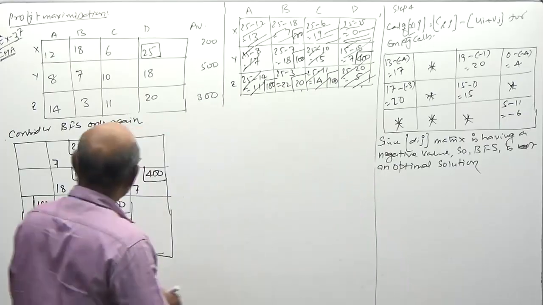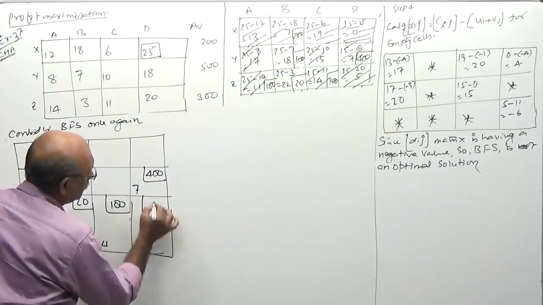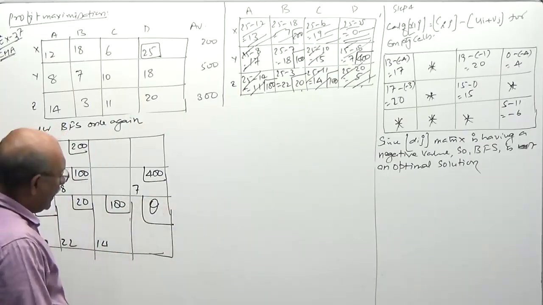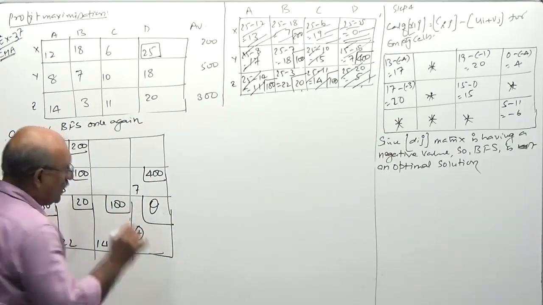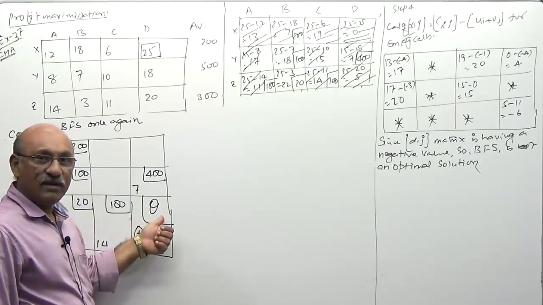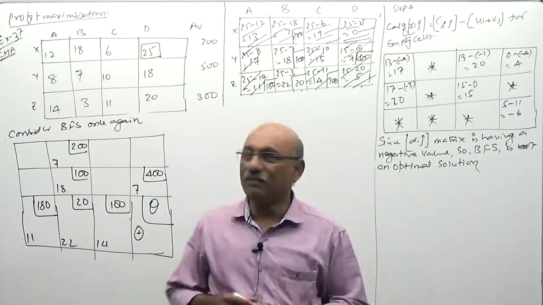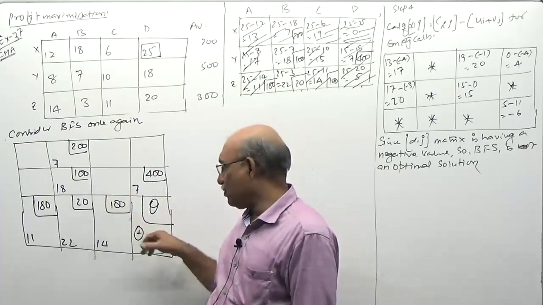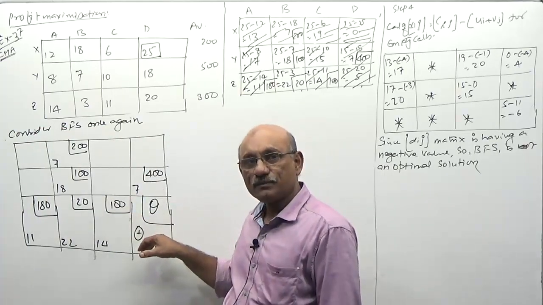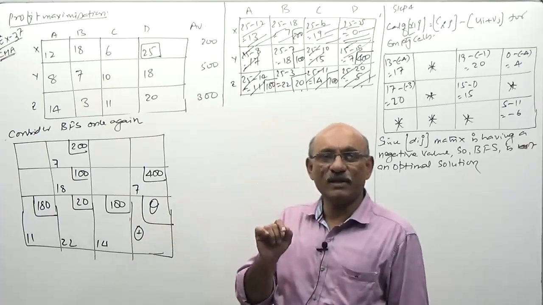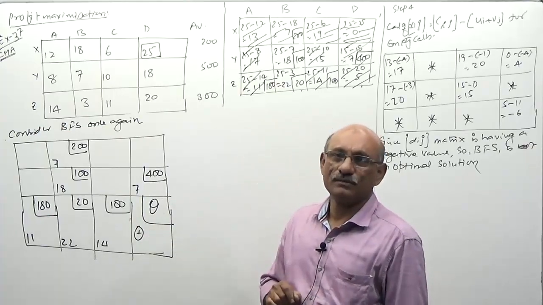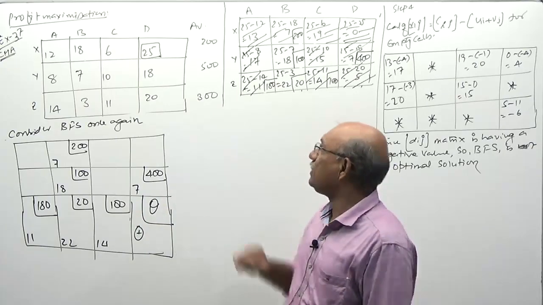So what I am doing, sir? Placing theta here, plus sign. This theta will indicate theta number of units I am shifting from these occupied cells to this empty cell without disturbing the demand and supply condition. What does it mean actually?